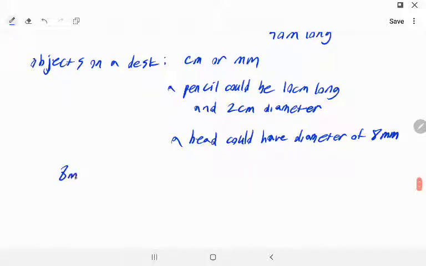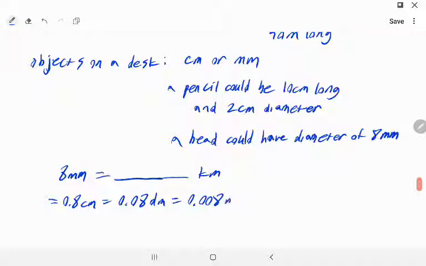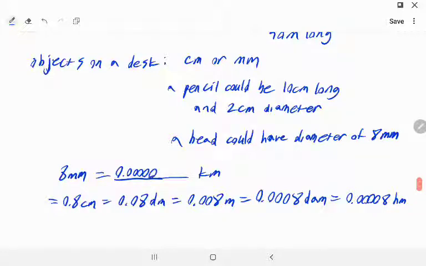To get that to kilometers, we'd have to divide it by 10 to get 0.8 centimeters, 0.08 decimeters, 0.008 meters, 0.0008 decameters, 0.00008 hectometers, and that finally gets to 0.000008 kilometers.